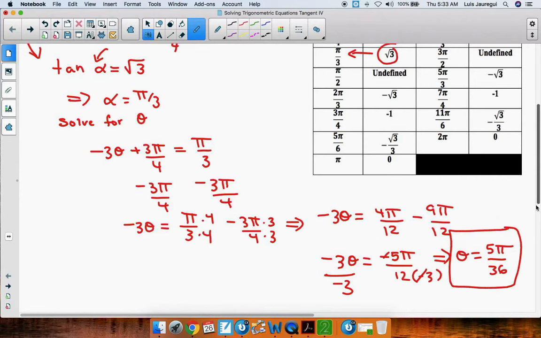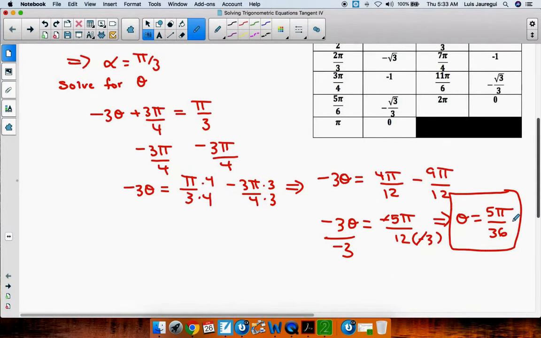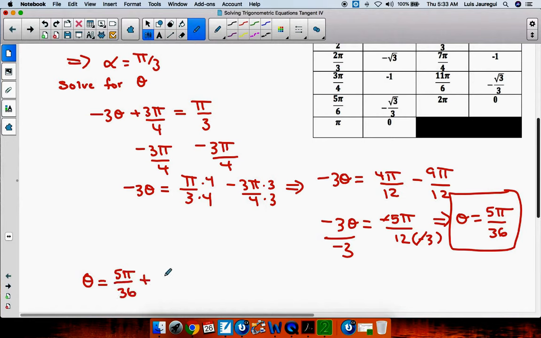Now, to get the other angles, what we're going to do is to add the period. So we take theta to be 5 pi over 36, and let's go ahead and add the period of pi over 3. Now we want the common denominator, so we know that pi over 3, once you multiply it by 12 over 12, so you can get the 36, is 12 pi over 36.